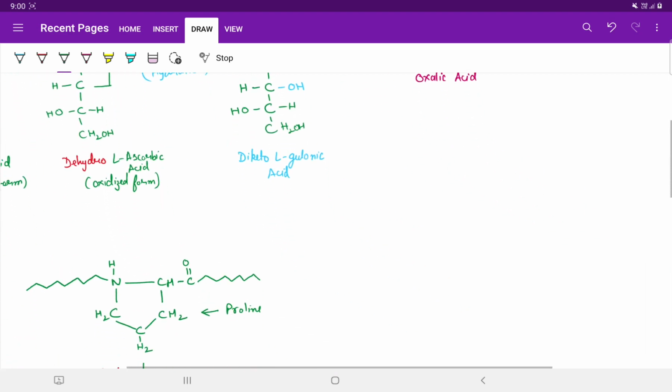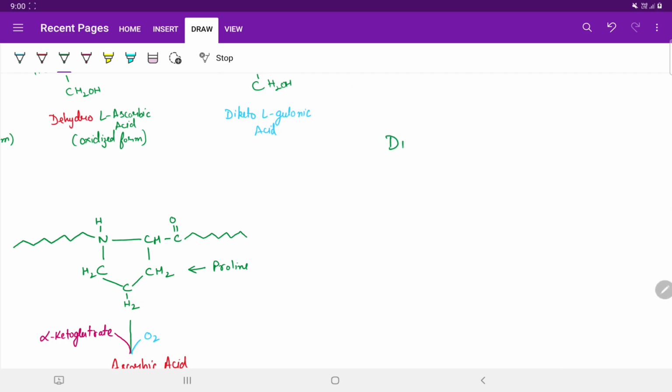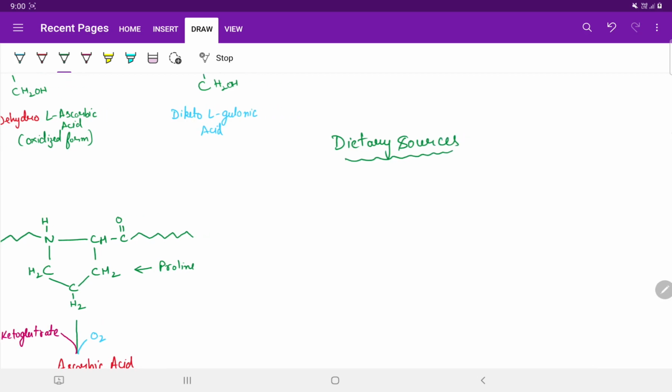The dietary sources involve basically the citrus fruits, first of all, like orange, lemon, then the gooseberry.